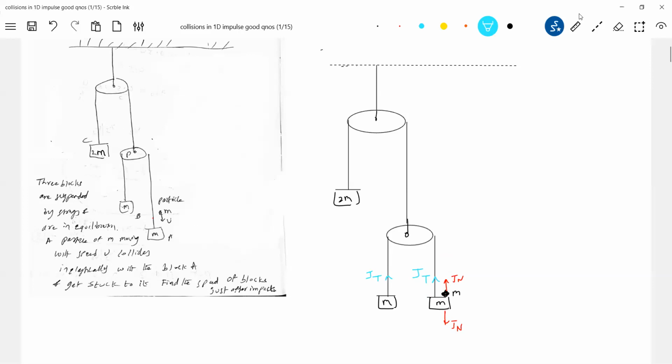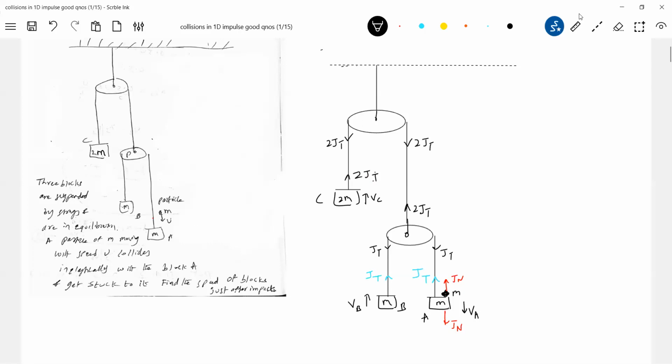Now, what do we expect the velocities of the blocks to be after this? Let the velocity of this block A be VA, of block B be VB, and of this block be VC.